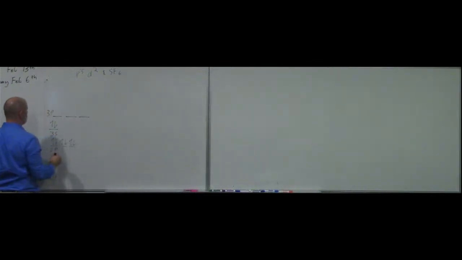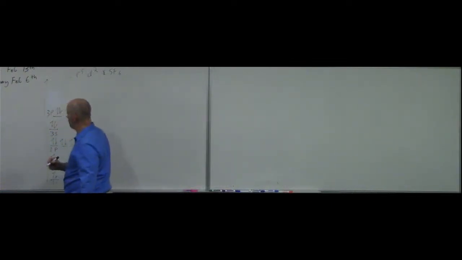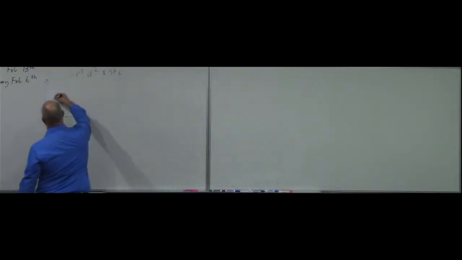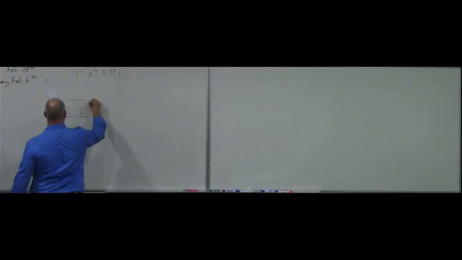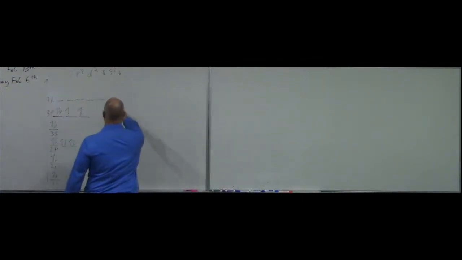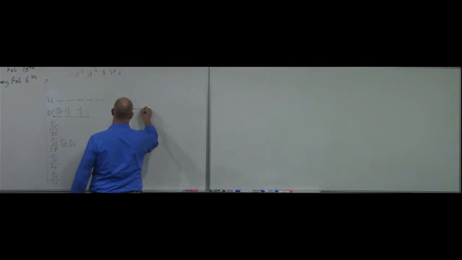Now how many do I have here in 3p? You said I have 16? Yeah. Okay, so 1, 2, 3, here. Is that right? Yeah. Okay. All right. And of course I have my 3d, which are unoccupied. And we're going to hybridize to here. We're going to go 1, 2, 3, 4, 5.